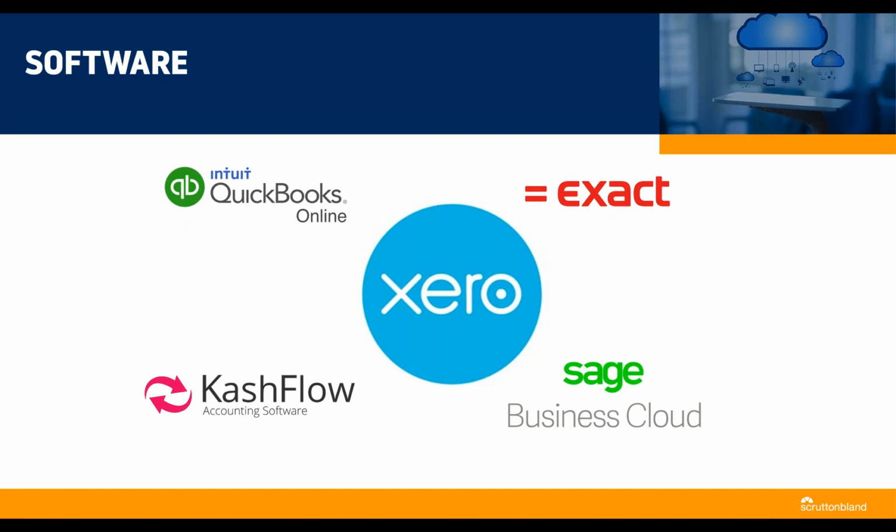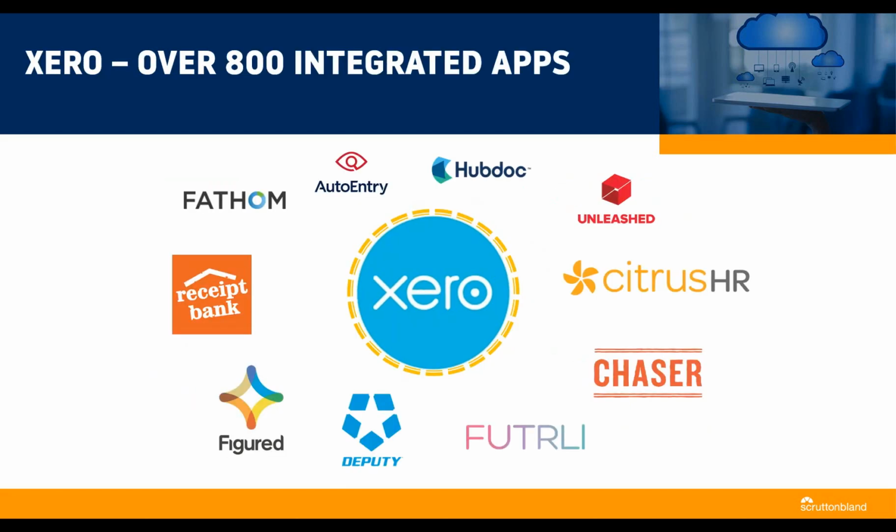So moving beyond the likes of just the finance solution, XERO has an app marketplace, so similar to your iOS app store. You have a number of apps that have been authorized by XERO, and there are over 800 that have an integration into XERO that have been authorized.